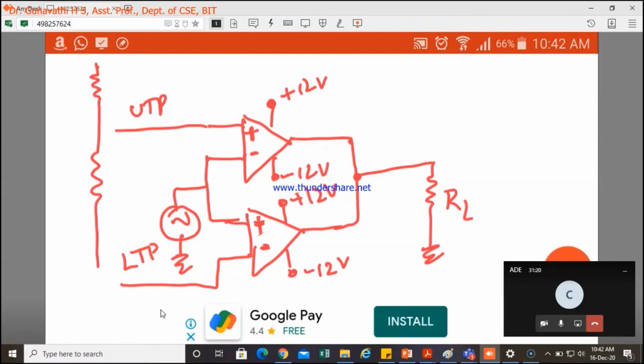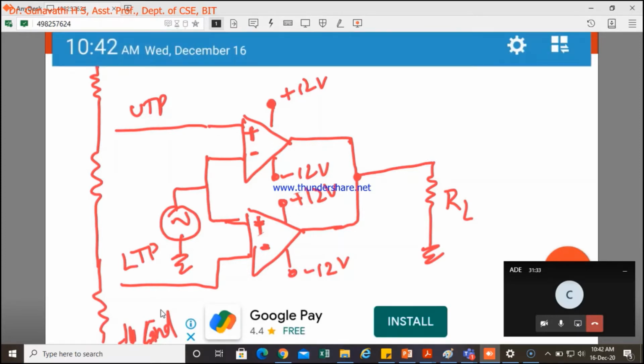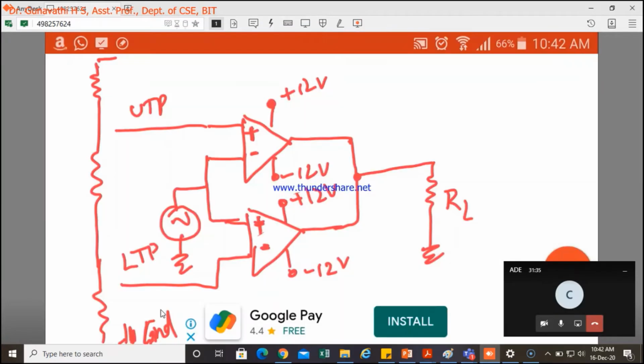We have three resistors; the negative terminal goes to ground, and the other end goes to VCC.